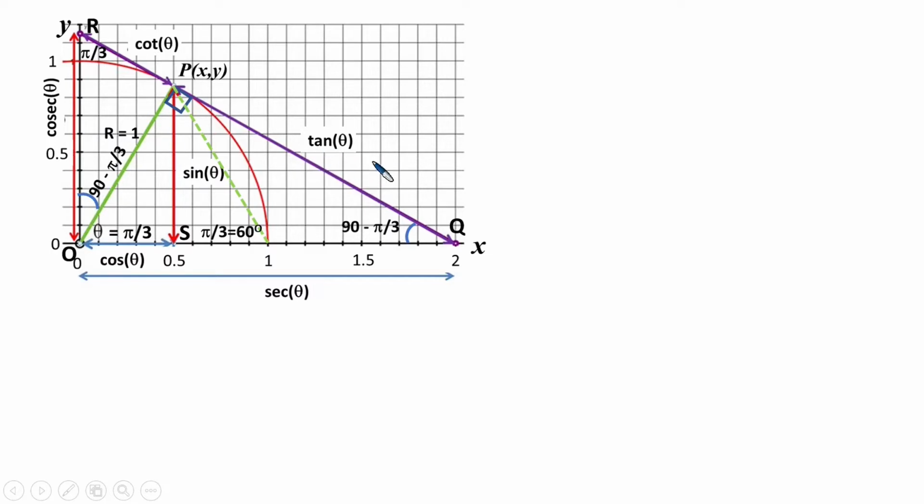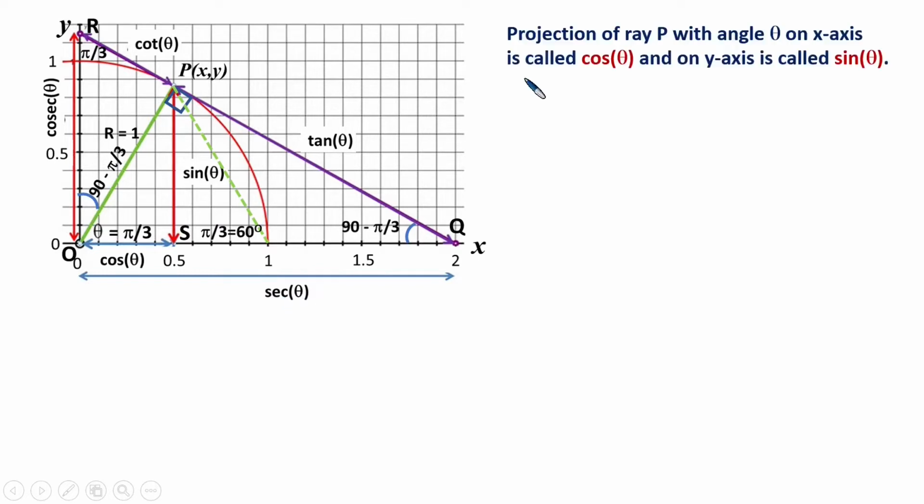As we progress, things will get clearer to you more and more. And this is the distance from 0 to where it cuts. It's called the cosec theta. And from 0 to this point Q is called the sec theta. So what we said was the projection of ray P on the x-axis is called cos theta, and the projection of P on the y-axis is called sin theta.